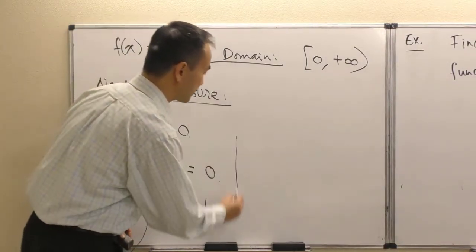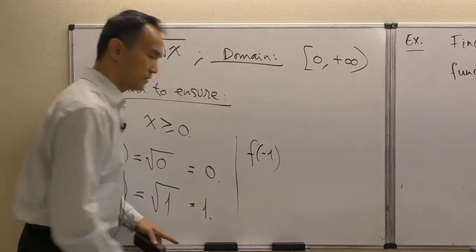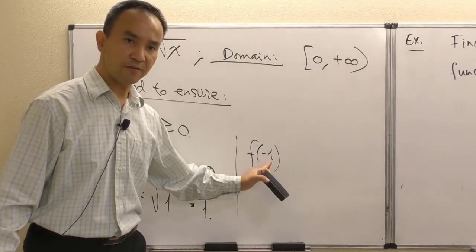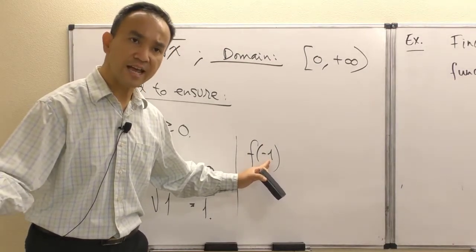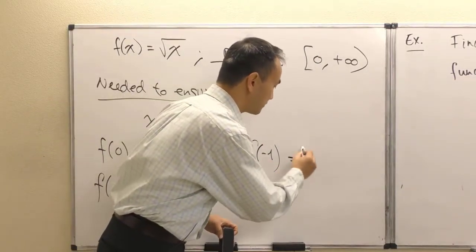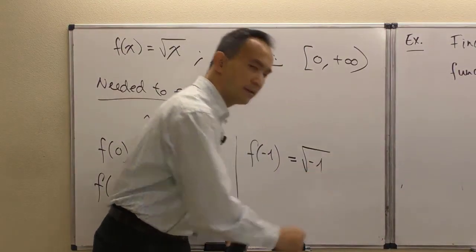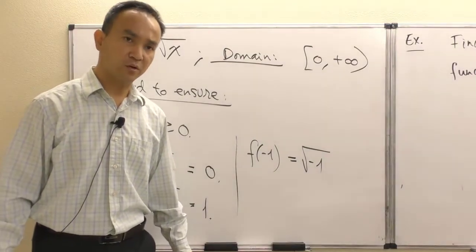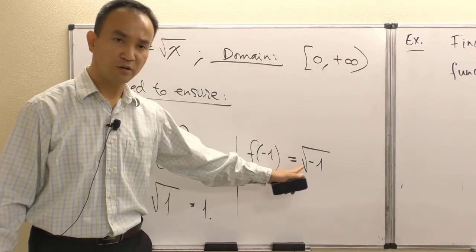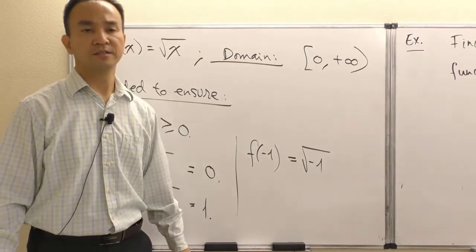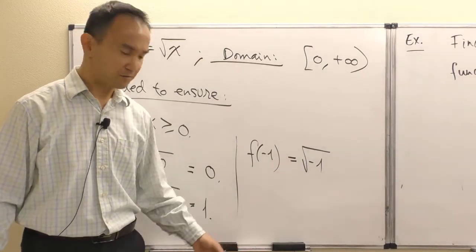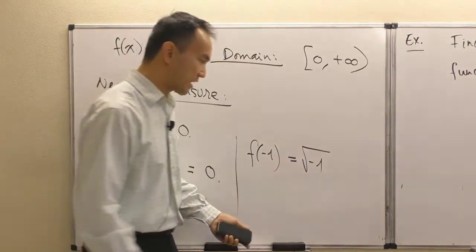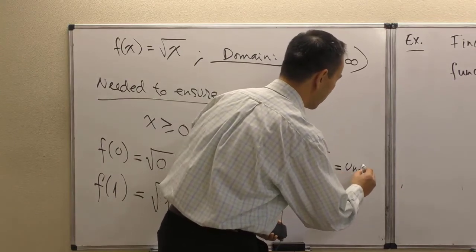But now if I'm using a negative input, -1 right here, generally at any other negative input, we're going to encounter the square root of a negative number. Without talking about imaginary or complex numbers, we don't have an answer for this. Square roots in the real numbers do not have an answer for negative values. So we can't take the square root of a negative value. In other words, the answer is undefined.